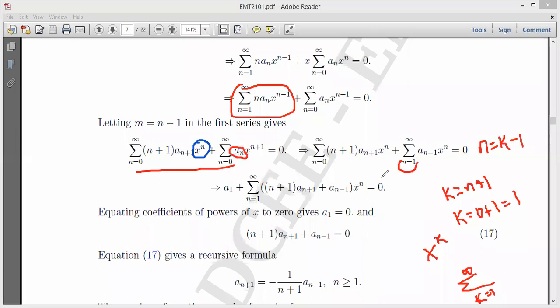This a_n now has become a_(n minus 1). You can see that one there. How? When we changed this one to k, this becomes now a_(k minus 1) because the n is k minus 1, but k is n. So you get this one here.